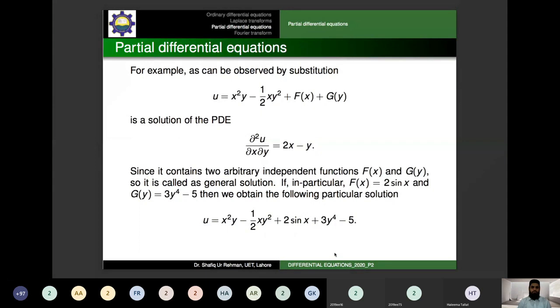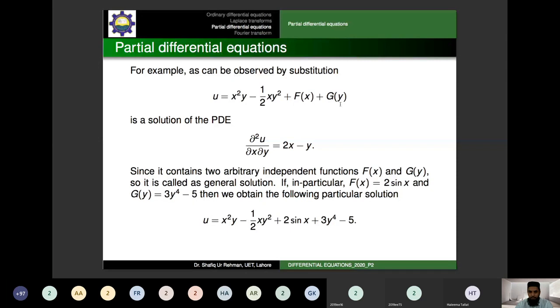So in this way, we will have a particular solution. For example, it can be observed clearly from this expression u. You see that the independent variables are x and y, and the dependent variable is u. f of x is an arbitrary function of the variable x. g is another arbitrary function of the variable y.